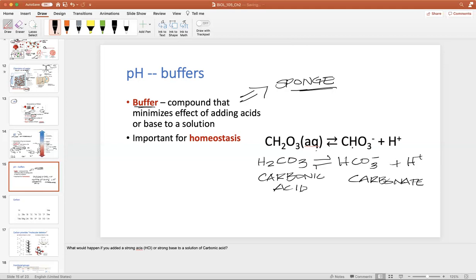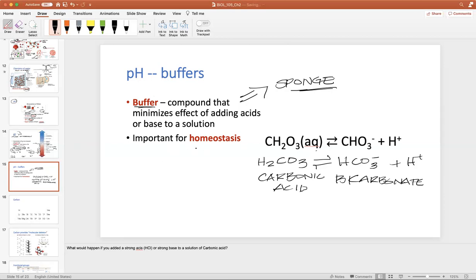So instead of an OH, we have a bicarbonate ion, but it's functionally the same thing, isn't it? We have a negative ion and then a positive hydrogen ion. So if we had a lot of these, we'd have a base. And if we have a lot of these, we have an acid. So buffers are really important cellularly.